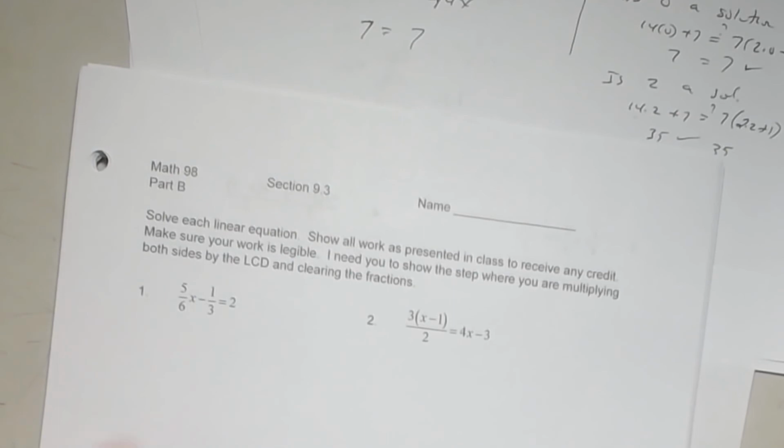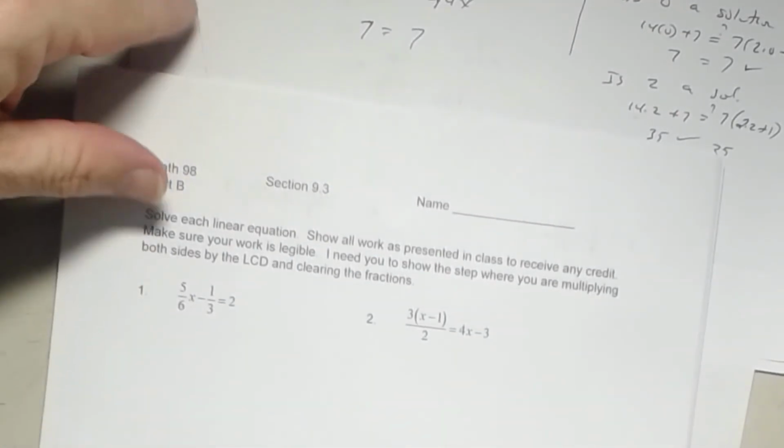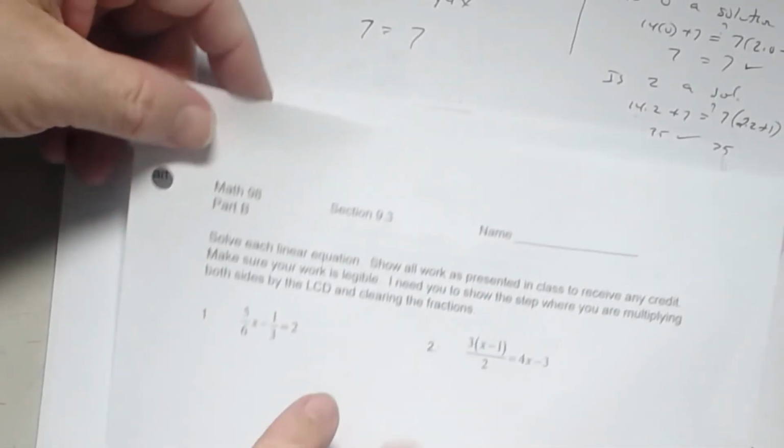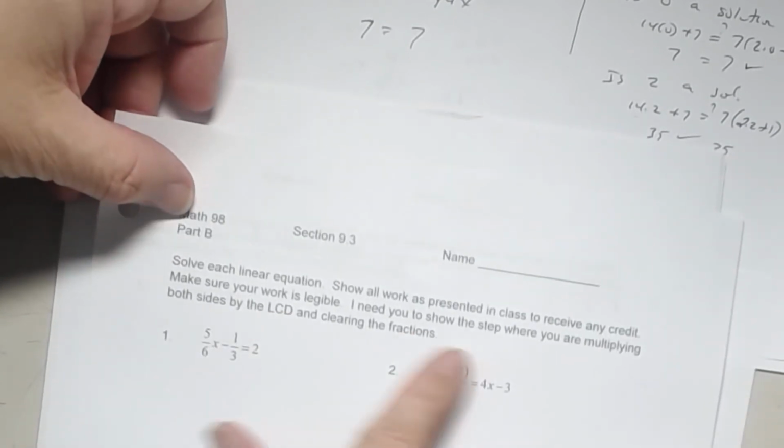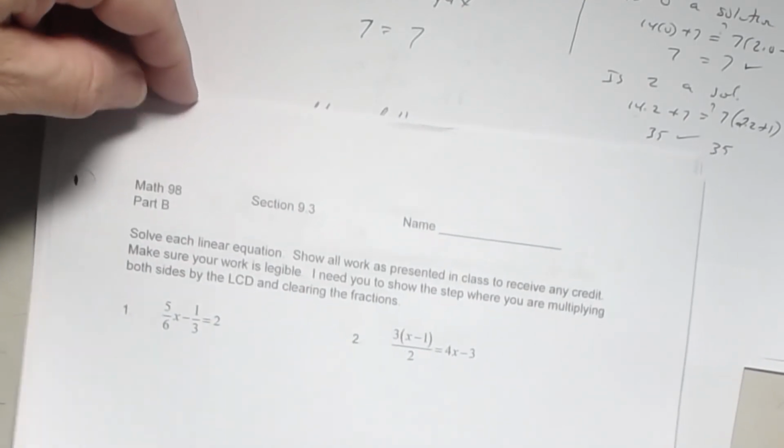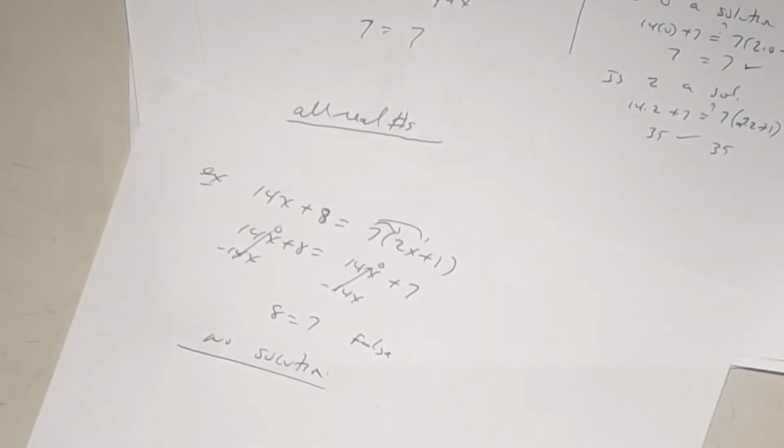All right, 9.3. Notice, what do you see in your problems? And there are 4 of them all together. So don't forget, there's a front side and a back side. What do you see there? Fractions. It tells you you've got to multiply both sides by the LCD. Okay, you've got to show that. So that won't be due until Tuesday.